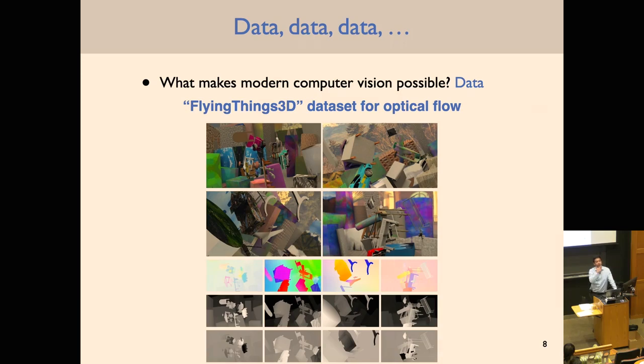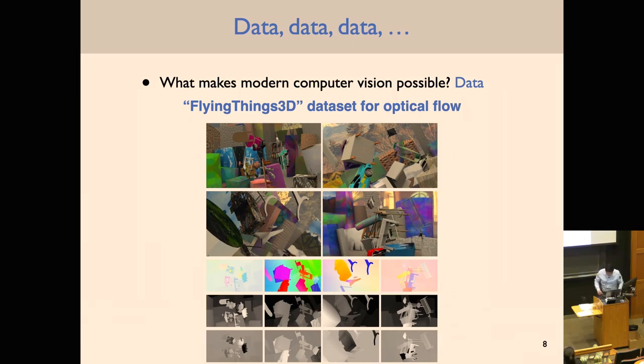We talked about optical flow in the last lecture, and someone asked about other data sets for optical flow. There's one called Flying Things 3D. These are synthetically generated images or videos of a bunch of random flying objects in simulation.